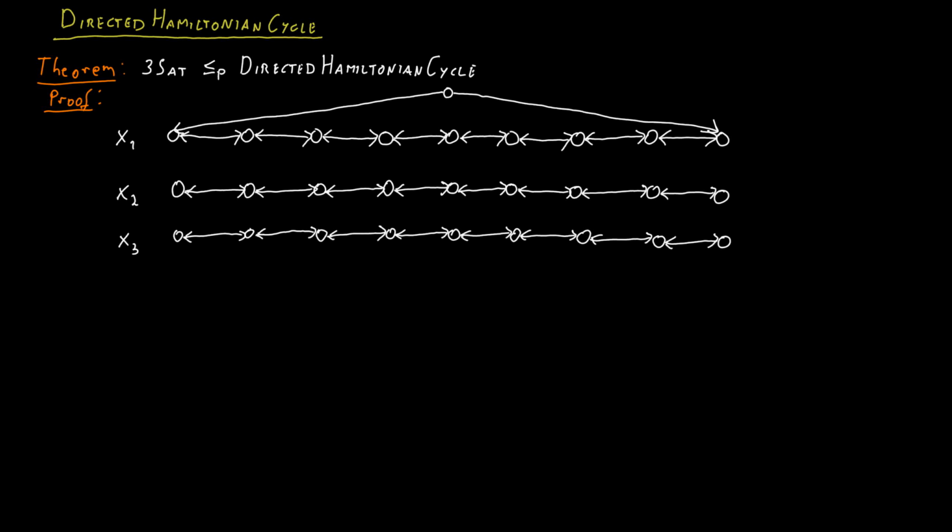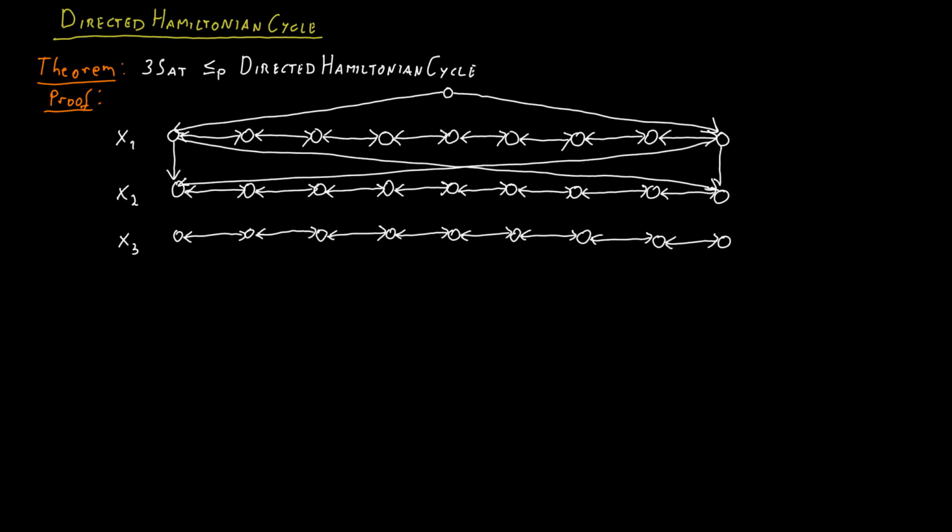No matter whether we end up at the left end or the right end of the x1 line, we should be able to get to the left end or the right end of the x2 line. So we create directed edges going from the left end of the x1 line to the left end of the x2 line and to the right end of the x2 line. And we also include directed edges from the right end of the x1 line to the left end of the x2 line and to the right end of the x2 line.